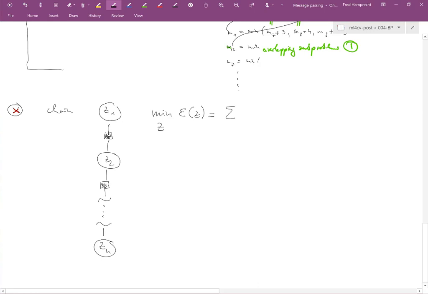And the energy here, if I have only the pairwise terms, is given by the sum of psi i, i plus 1 of variables Zi and Zi plus 1.